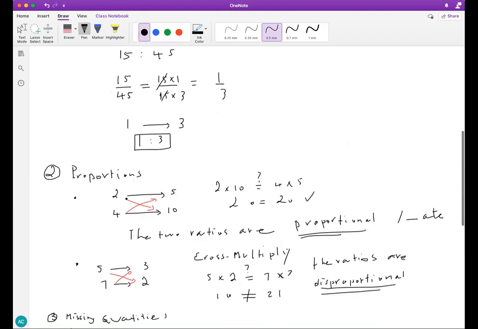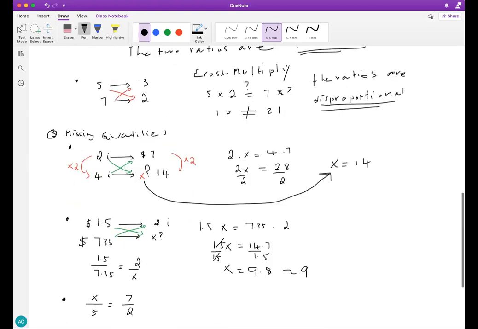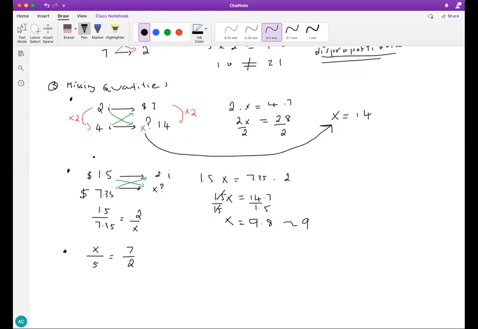We saw earlier that we can express ratios in different forms, including the form with the arrows or with fractions. It doesn't matter the way you do it. By the way, you can do 1.5 over 2 equals 7.35 over x, or you can do it this way, as long as you do both in the same direction. Or you can do this one over this equals this over this. These are the same, and if you cross multiply them, you get this.